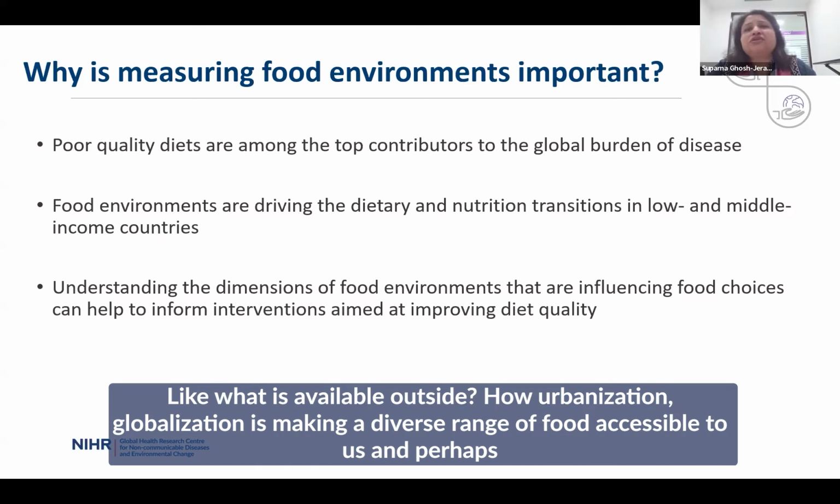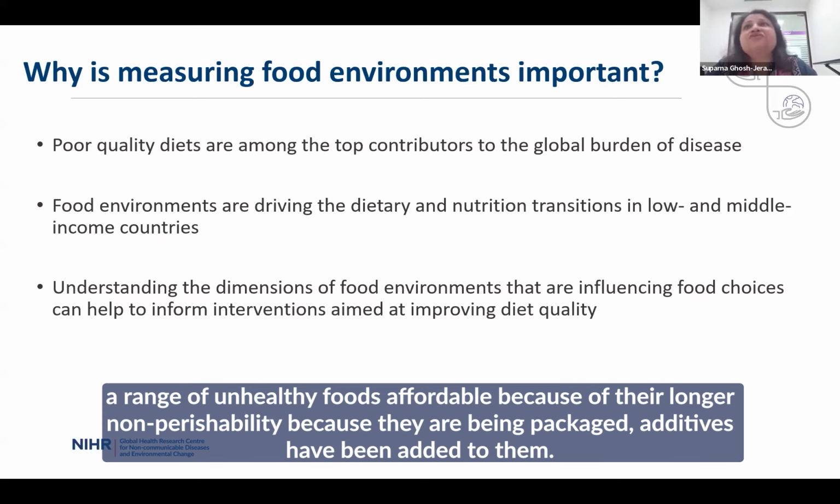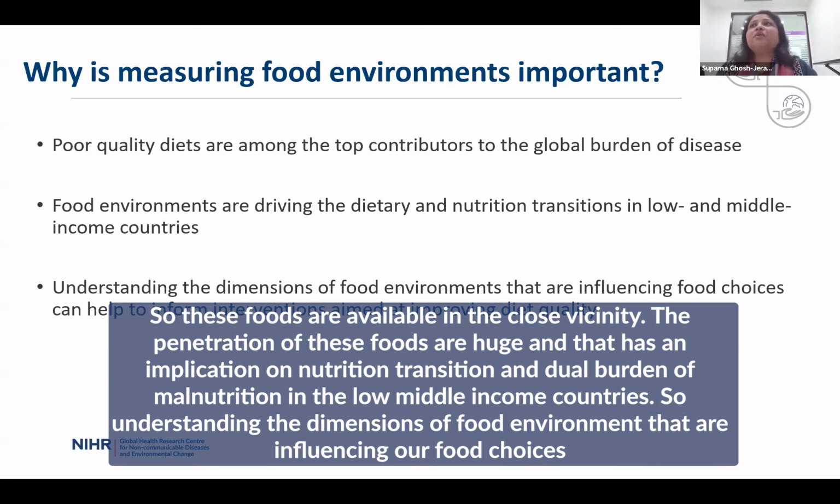How urbanization and globalization are making a diverse range of food accessible to us, and perhaps a range of unhealthy foods affordable because of their longer non-perishability, because they are being packaged and additives have been added to them. So these foods are available in the close vicinity. The penetration of these foods is huge, and that has an implication on nutrition transition and the dual burden of malnutrition in low and middle income countries.